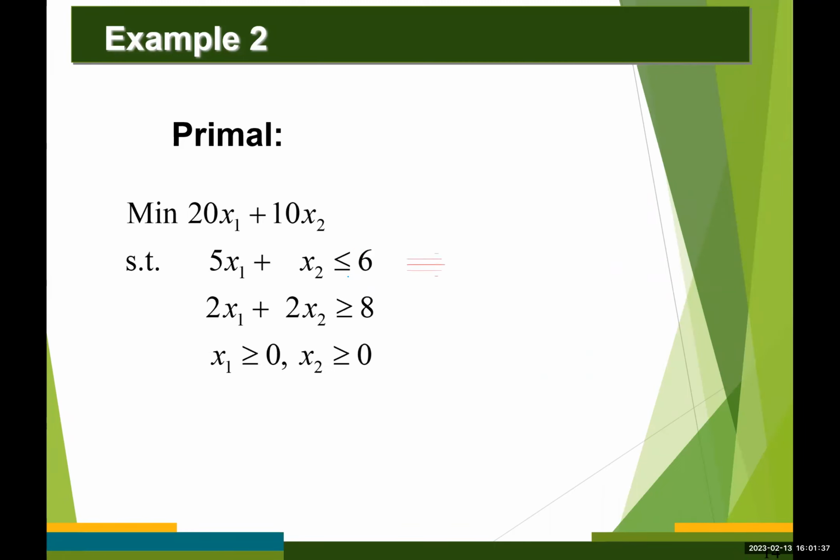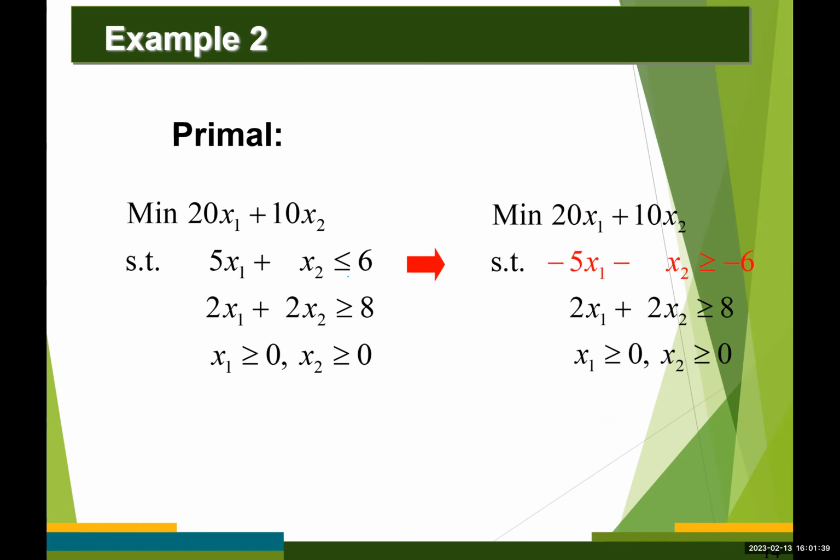So in this case, first, we need to transform the problem. We multiply the offending inequality by -1, okay? So reversing the direction of the inequality can be performed right here.